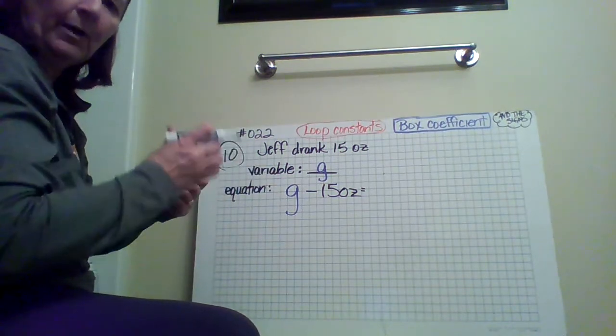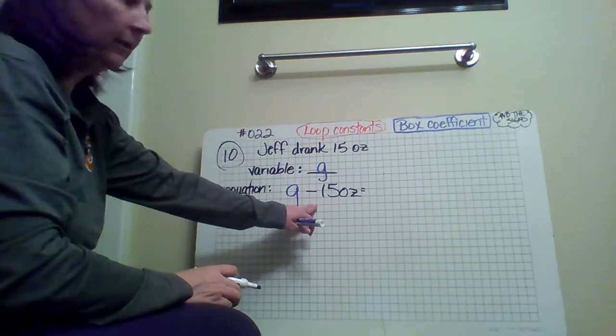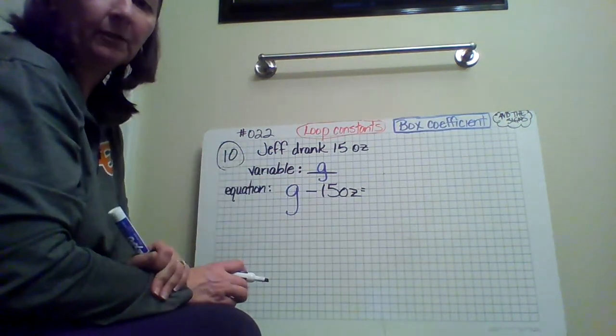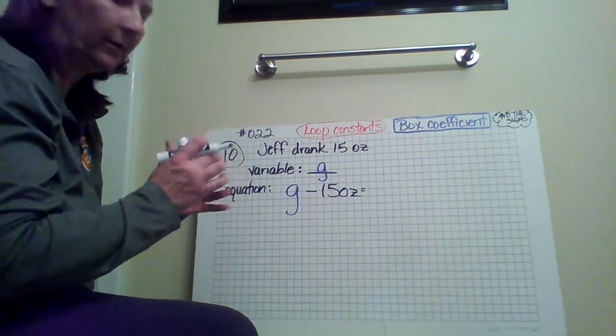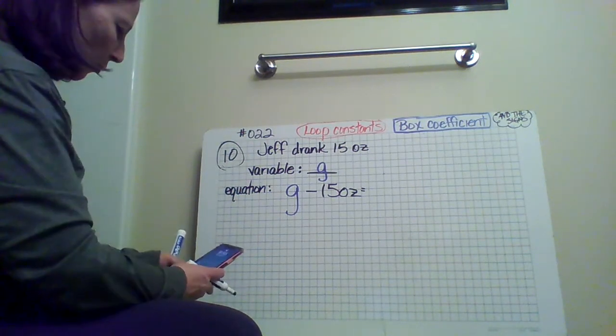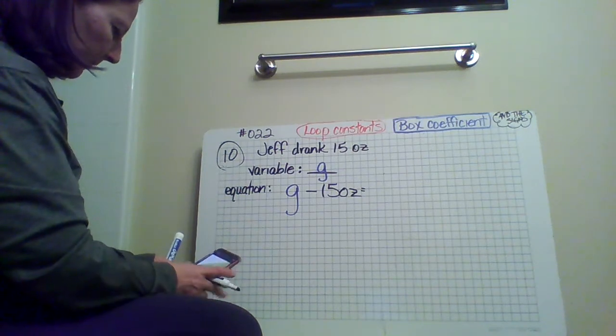So from a full bottle, he drinks 15. That tells us that it's getting less, or we are taking 15 ounces away from the original amount. And then it told us that there was 20 ounces left.